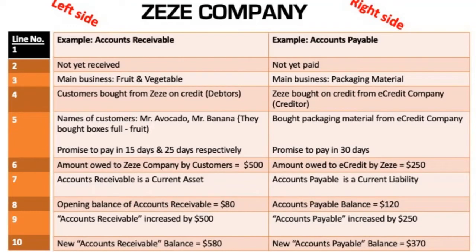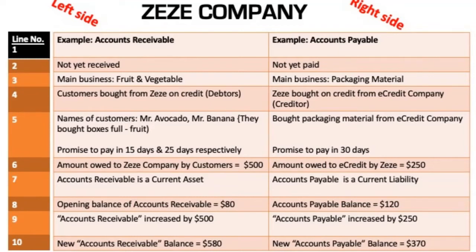Let's go back to accounts receivable. These people who are owing the company, these customers, are called debtors to the company. So when you look at line number 2, this money, we are on the column which is on the left.